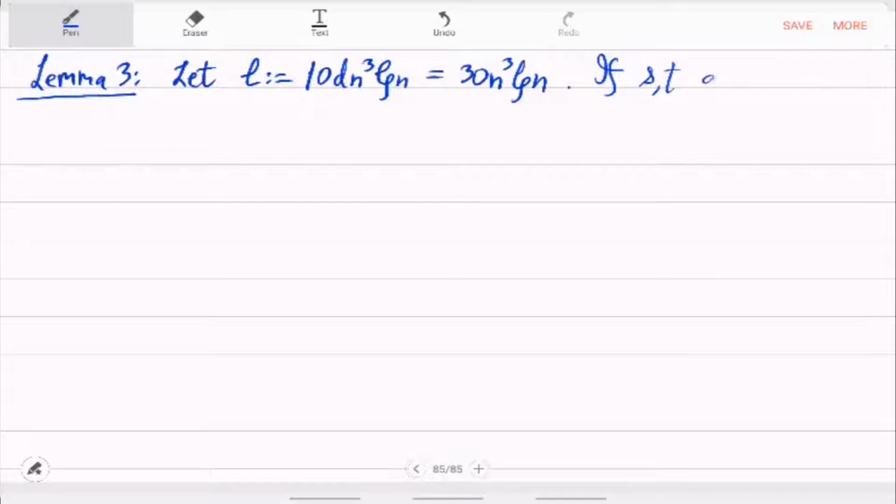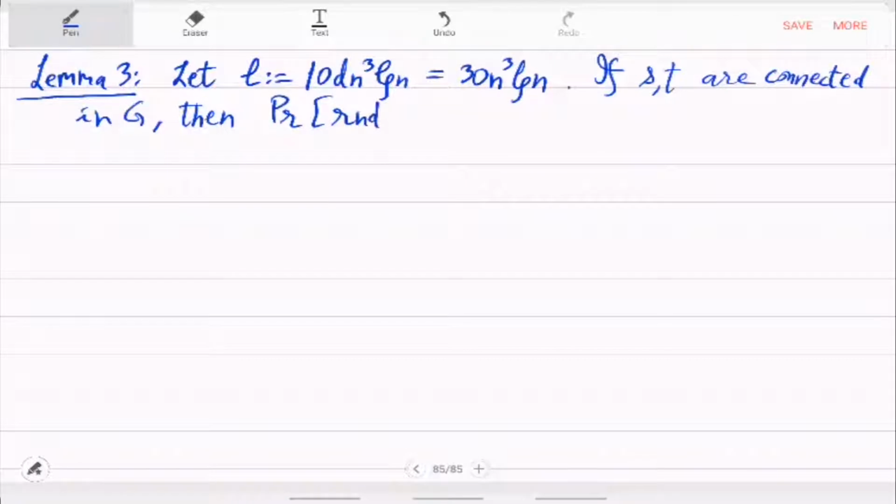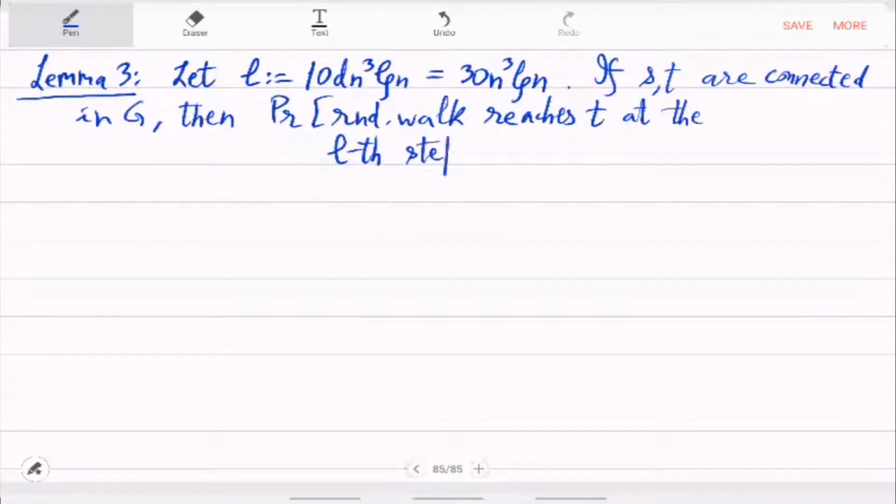So if you take these many steps, if S and T are connected in the graph, then the probability that the random walk reaches T in the Lth step is quite high, greater than 1 over 2n.